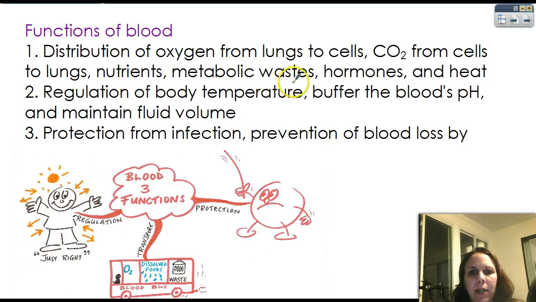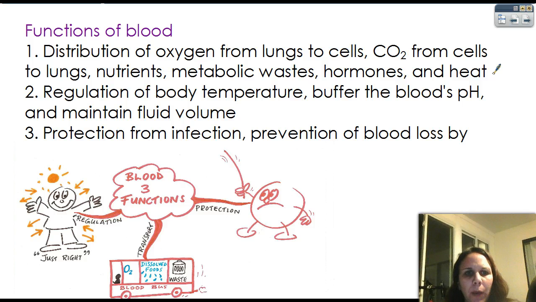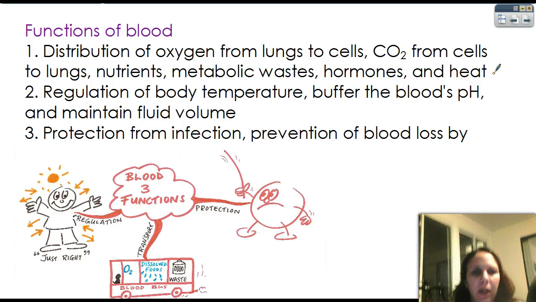All the metabolic waste, leftovers from metabolism, need to be taken out so it doesn't poison us. Hormones that are produced in our brain but need to go somewhere else go through the blood, and it also helps to distribute heat.